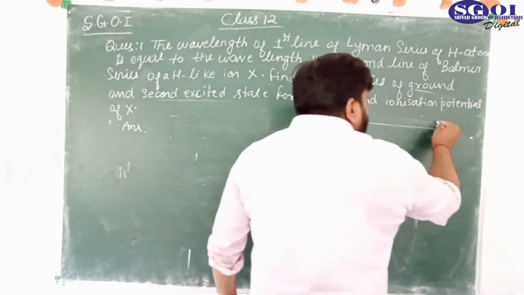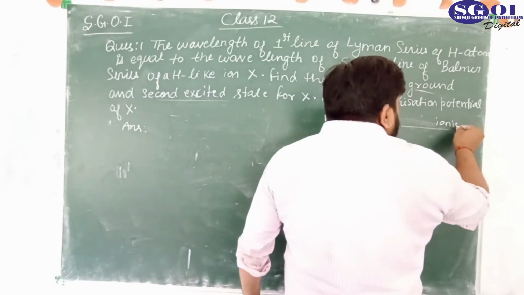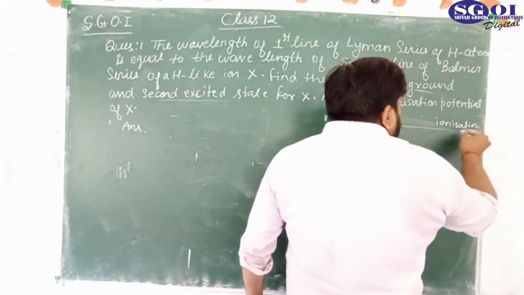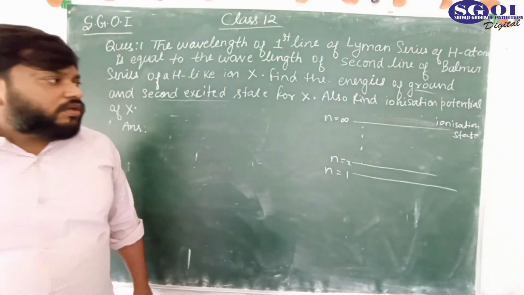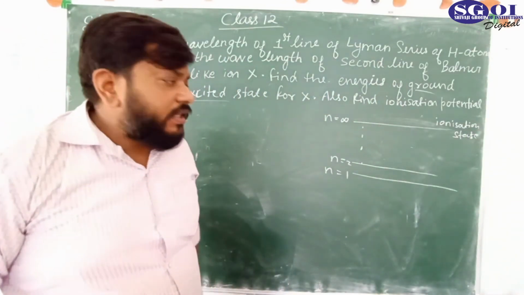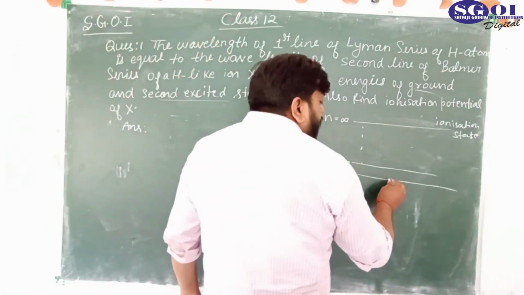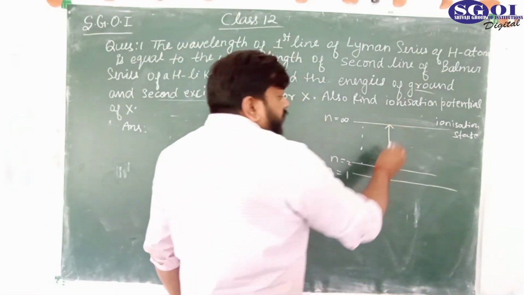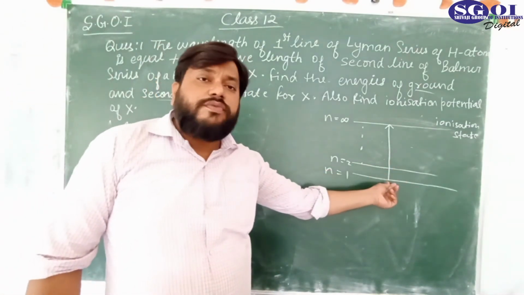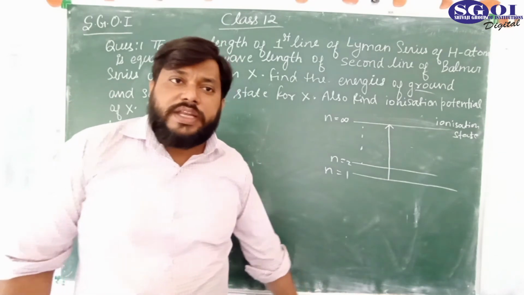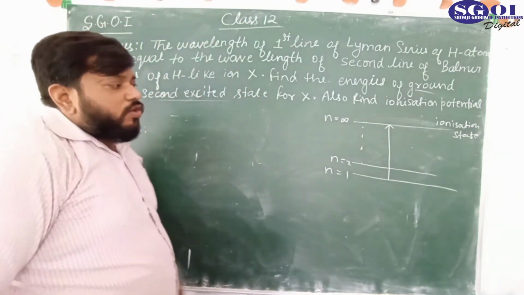This is the ionization state. First of all, students, we would find the ionization energy. What is the ionization energy? It is the energy given to the atom for it to make the transition from n equal to 1 to n equal to infinite. So it is the energy absorbed during this transition.